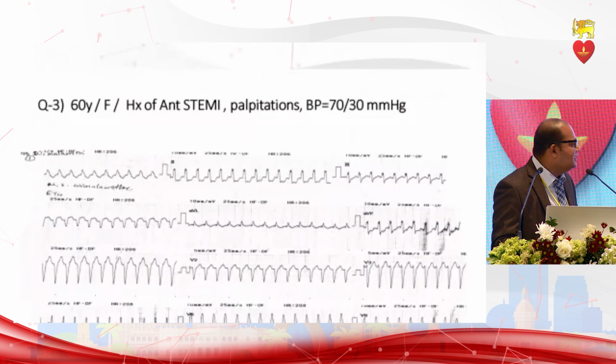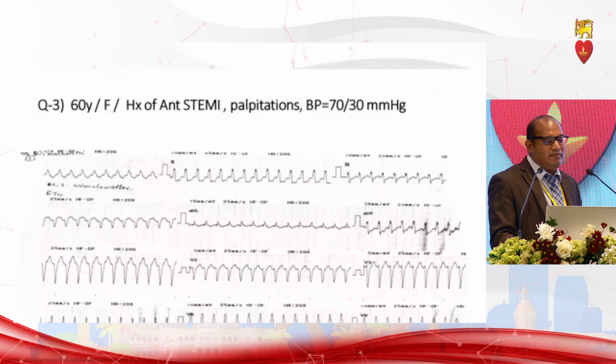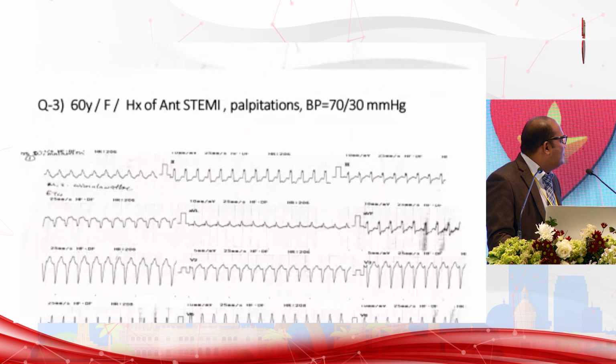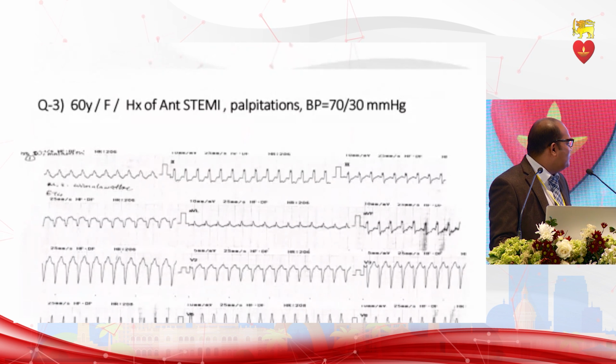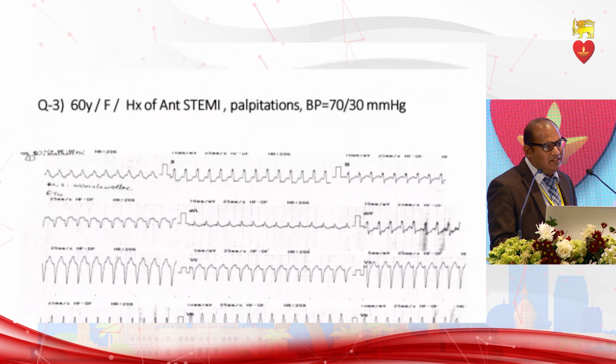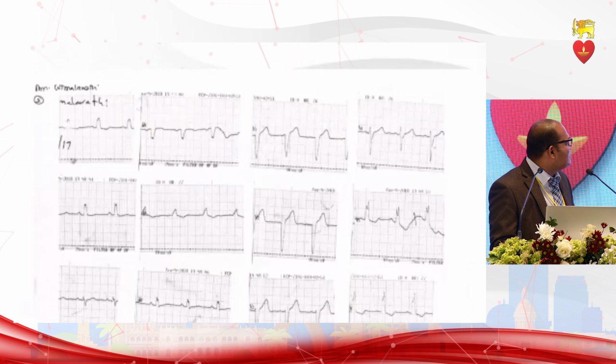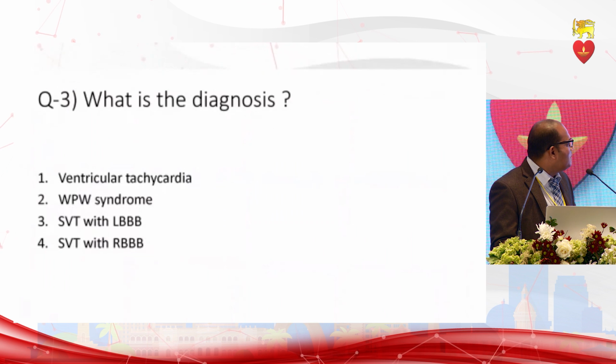I'll go back to the tachycardia ECG again. So try to apply the same criteria that we just discussed in the first case scenario. You might get the answer. So what is the diagnosis?